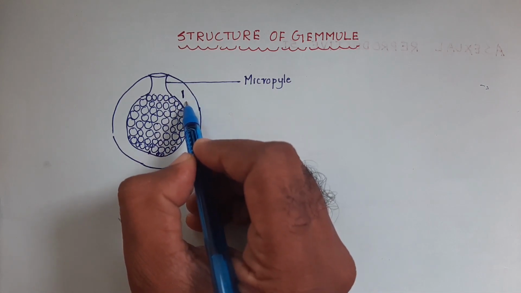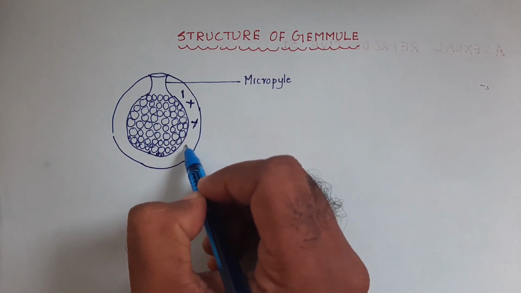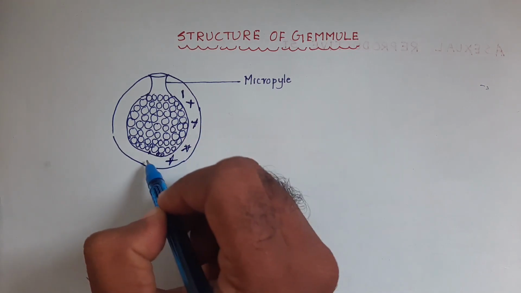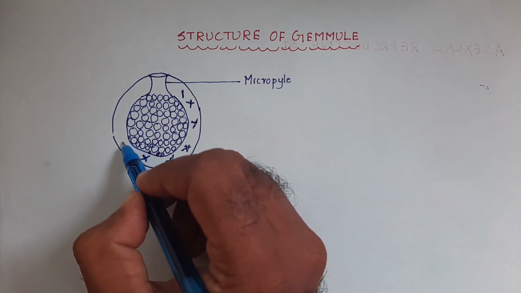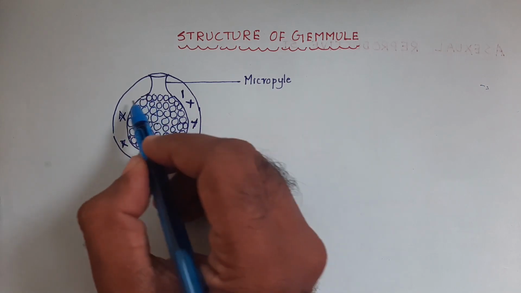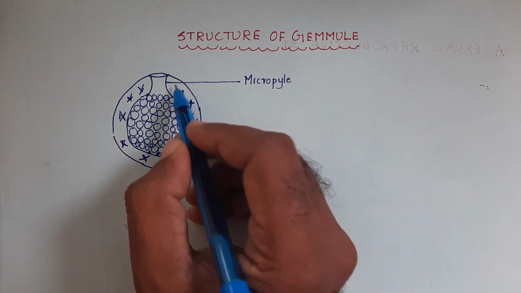Here, around the archaeocytes, in between the outer and inner membrane, there are spicules, monaxon spicules.